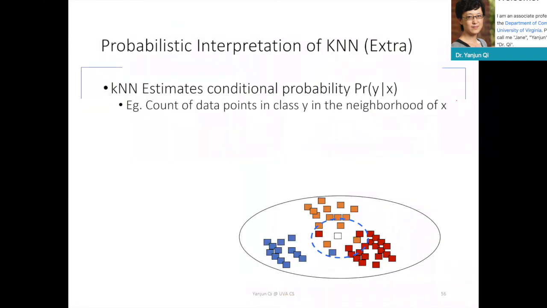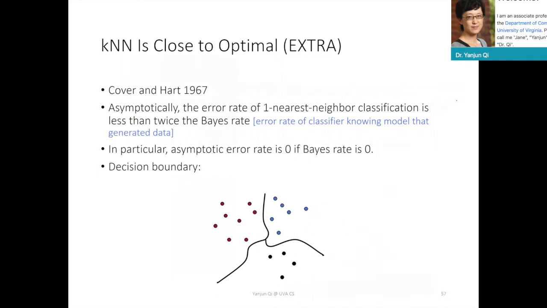I did not cover it, but you can think of k-nearest neighbor as estimating the conditional probability p(y given x) in that neighborhood, and you can prove that asymptotically the error rate of one-nearest neighbor classification is less than twice the Bayes rate, and in particular, the asymptotic error rate is 0 if the Bayes rate is 0. So this proves that asymptotically k-nearest neighbor is close to optimal.